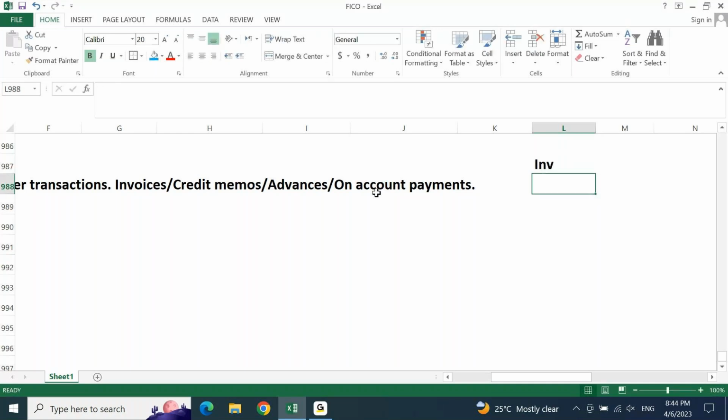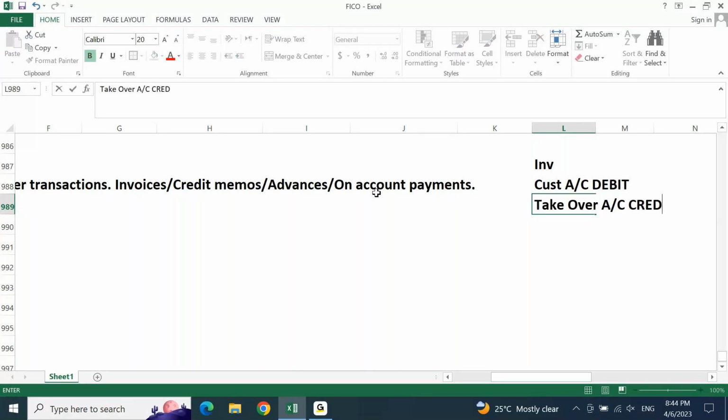When you upload an invoice, what is your customer account, debit or credit? Debit. When you're doing an invoice, your customer account will be debit, and credit will be by default which account? Sales. Not revenue, sales. Here, what is the entry? Data migration takeover account, credit.